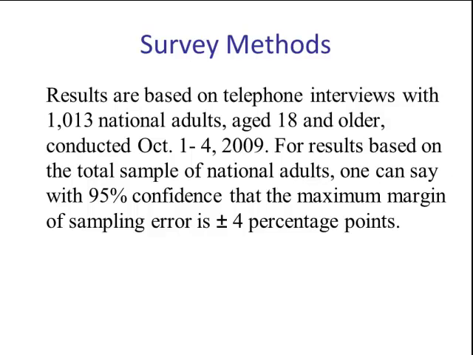So the results are based upon a total sample of national adults. One can say with 95% confidence that the maximum margin of error is plus or minus 4 percentage points. Again, this is a reference to a confidence interval, which we'll learn in Chapter 9.